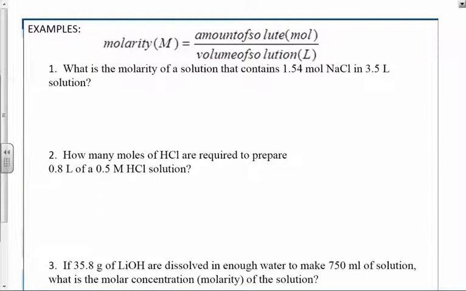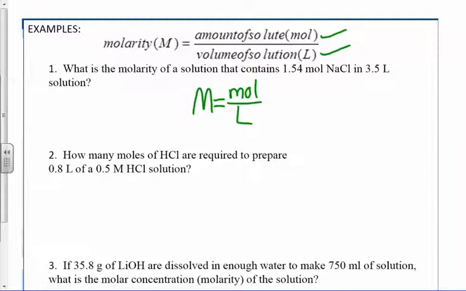So the last thing we want to do on this video is work some of these molarity problems. So here we have our equation. The amount of solute in moles divided by the volume of the solution is going to equal the molarity. So what is the molarity of a solution that contains 1.54 moles of sodium chloride in a 3.5 liter solution? This is on your star chart. You don't have to memorize this particular equation.